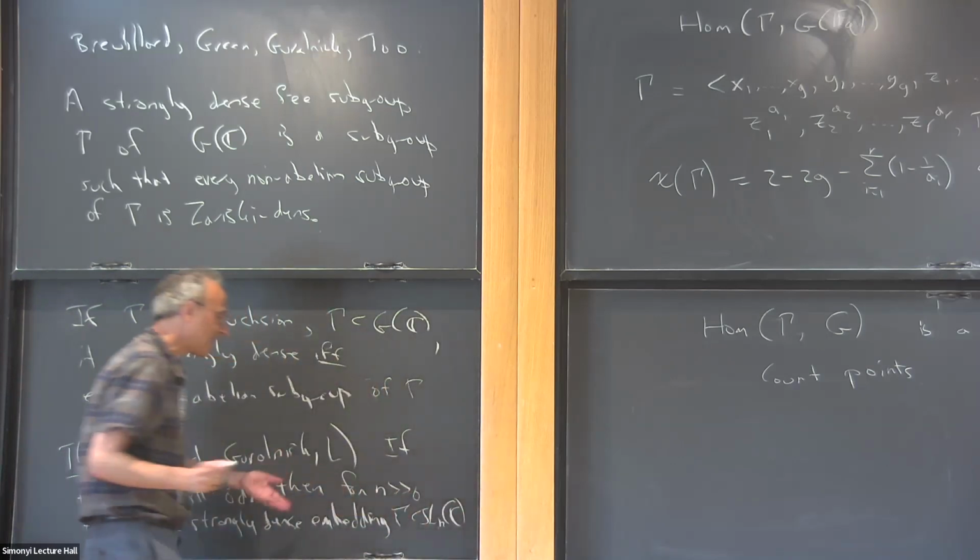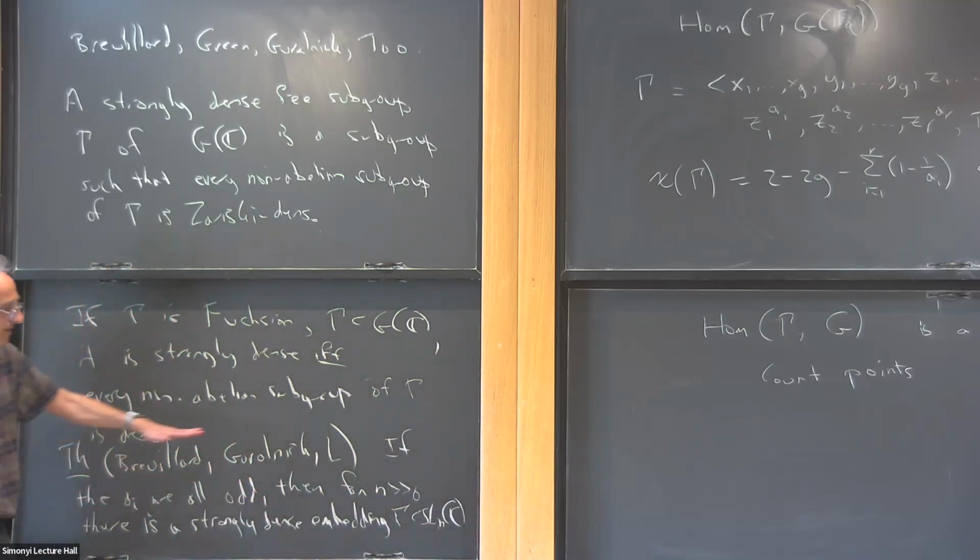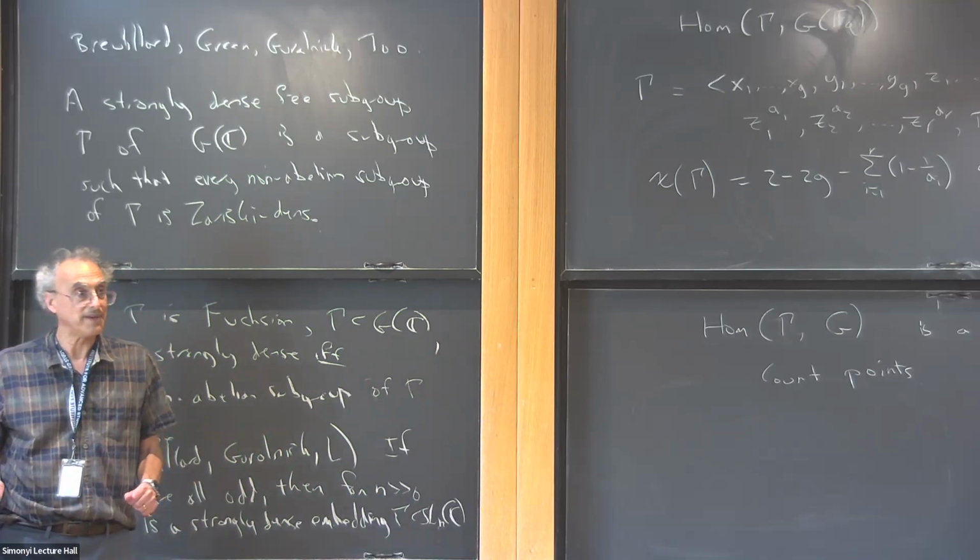So for large SL_n, assuming that these a_i are all odd, there does exist a strongly dense embedding.